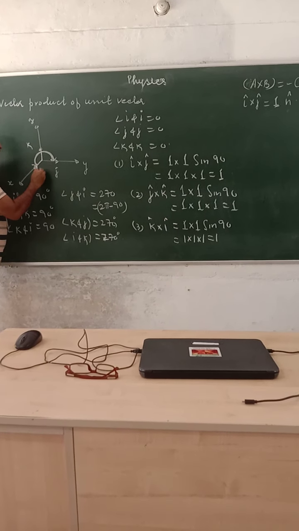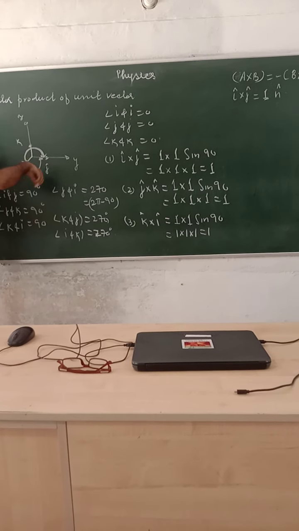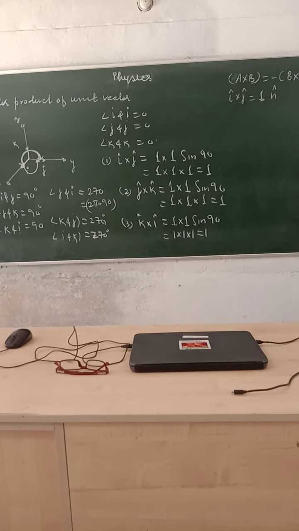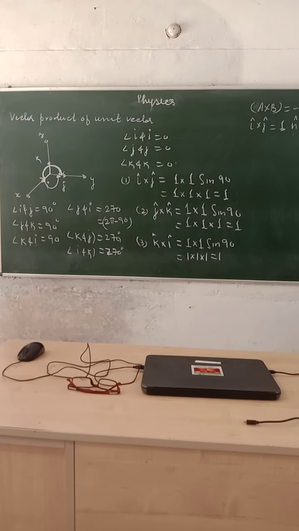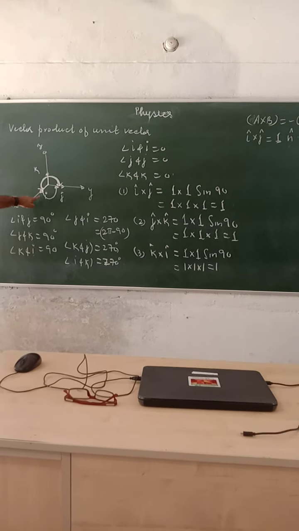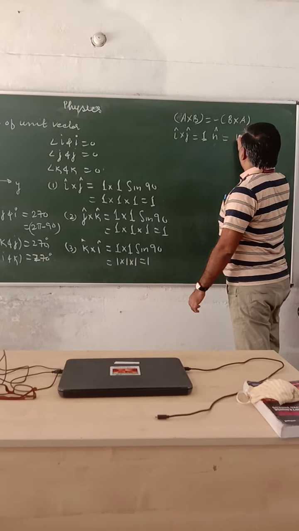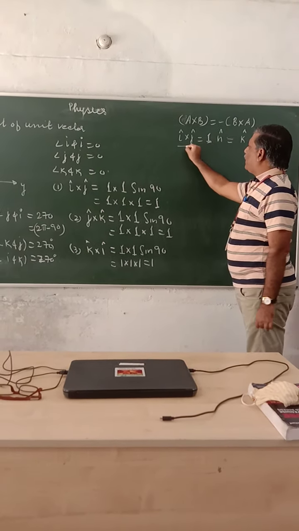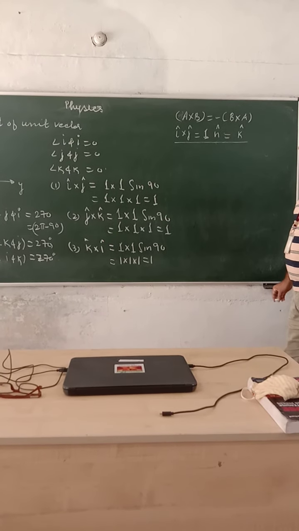And then when it is rotating, it is going i to j, anti-clockwise direction. If the rotation is anti-clockwise, vector is considered as positive. So in this one, when i cross j, n cap becomes k, that is plus k. So we are getting i cross j is equal to k.